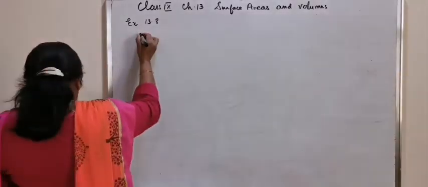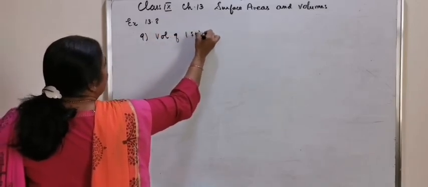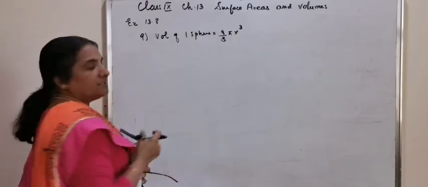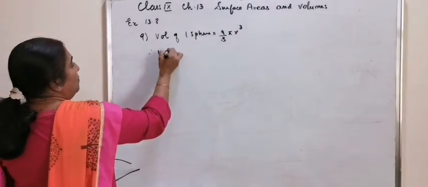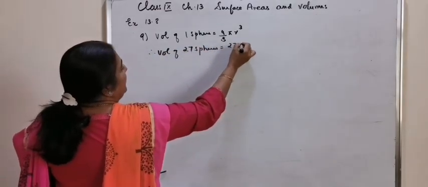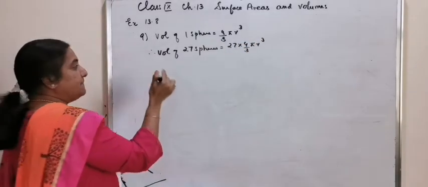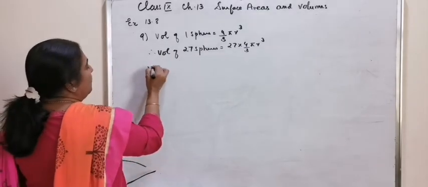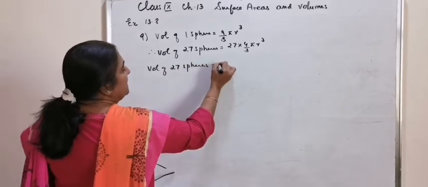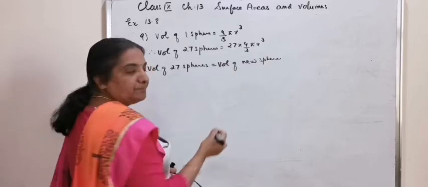So let's find out the volume of one sphere, which is equal to 4 by 3 pi r cubed. Therefore, the volume of 27 spheres is equal to 27 into 4 by 3 pi r cubed. If this is melted, that means the volume of these 27 spheres will be equal to the volume of the new sphere formed.